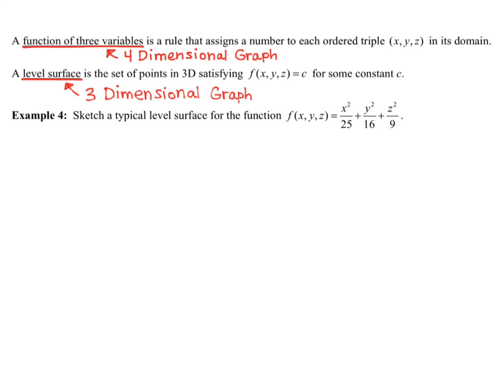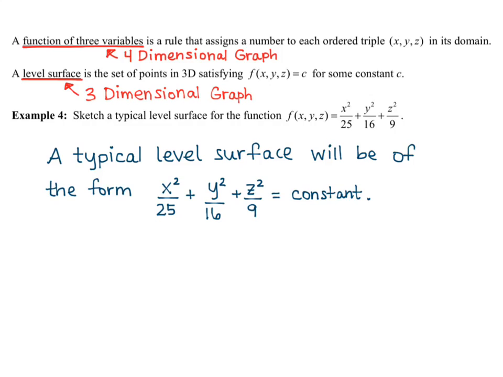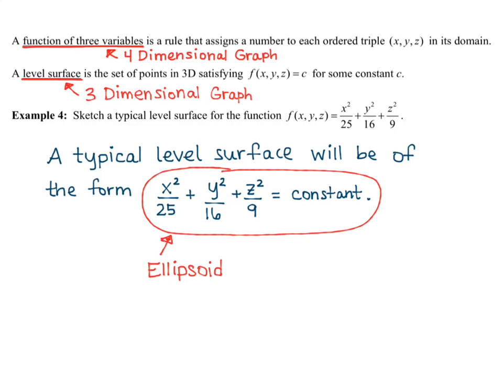So a typical level surface will be of the form x squared over 25 plus y squared over 16 plus z squared over 9 equals a constant. And we know from the first unit of the course that this is the typical equation for an ellipsoid. So some egg-shaped 3-dimensional graph in our xyz space.